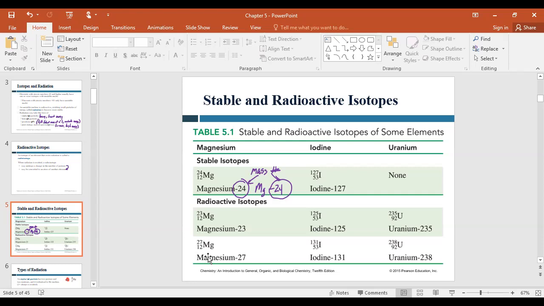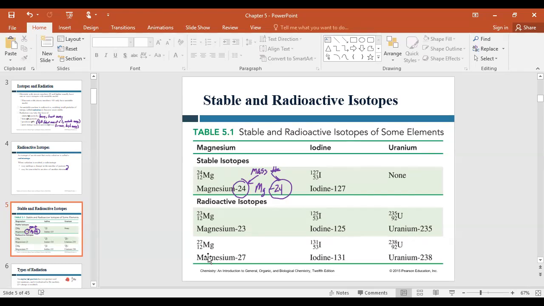And I can share some resources to explain that a little bit more clearly. We're getting at a concept called the band of stability, which isn't in your book. I think it's kind of essential to understand why some are and some aren't. In that band of stability, you'll see the isotopes that are stable start off very linear, 1 to 1, same number of protons and neutrons, but they'll start to bend up toward neutrons right around element number 20.